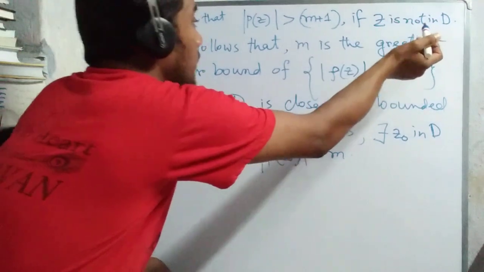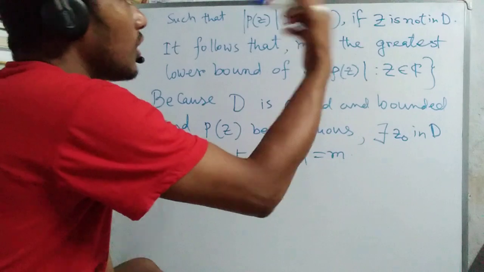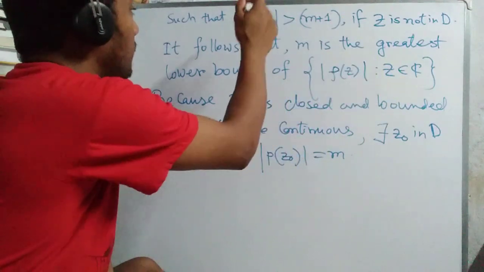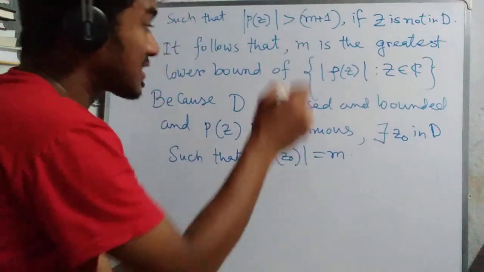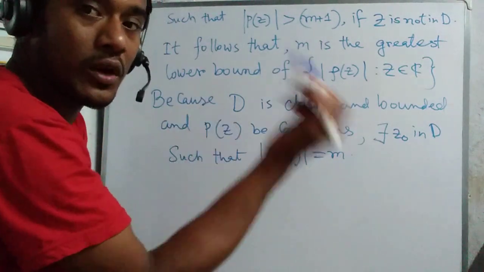That means we construct one closed and bounded domain containing the origin. Obviously, if z does not belong to D, then the modulus of p(z) is greater than M plus 1, because p(z) tends to infinity.